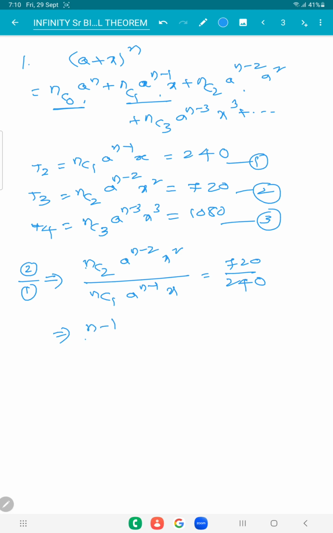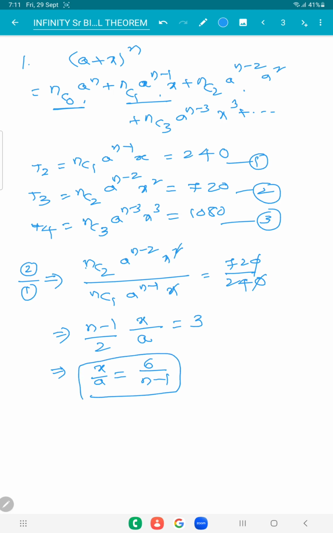So n minus smaller number by bigger number. x cancels with x, a power n minus 2 over a power n minus 1 becomes a only in the denominator. The 2 table cancels: 24 is 3 times, so 3. That is equal to n minus 1 by 2. From this we can write x by a is equal to 6 by n minus 1. Keep it like that, sir.